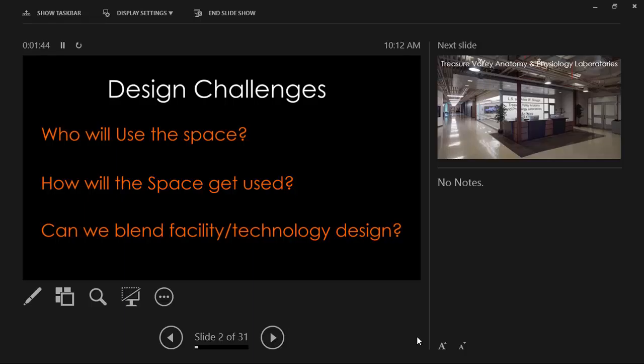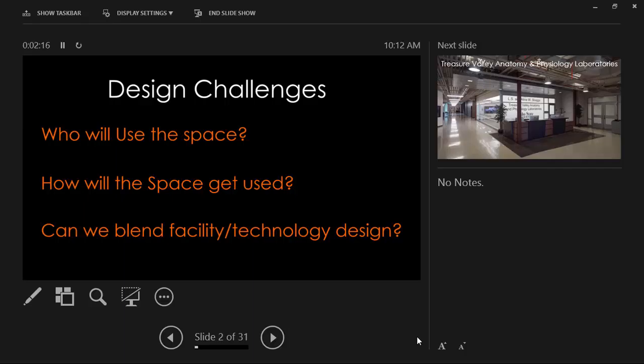But the main challenges that we were going to face when we started this project in building the anatomy and physiology labs is we needed to know who was going to use the space, because on our branch campus, we didn't have anything like this. So we weren't really sure who were going to be using the space, what kinds of students were going to be using the space, faculty, staff, those kinds of things. So that was kind of the first on our list of challenges to overcome.